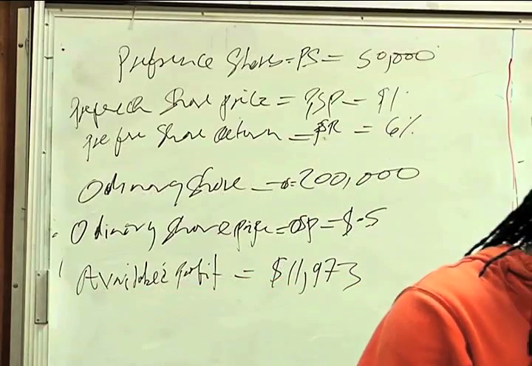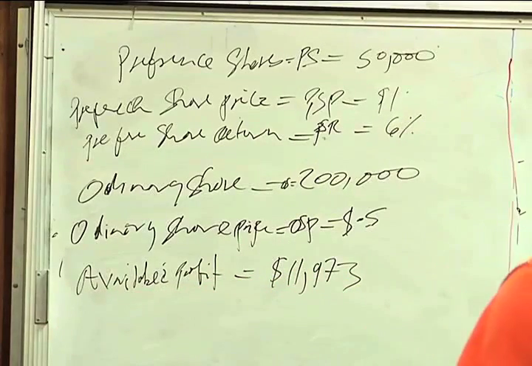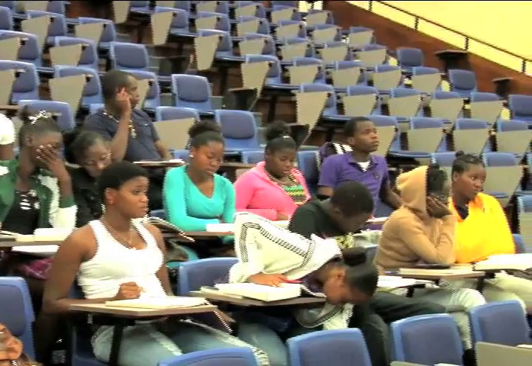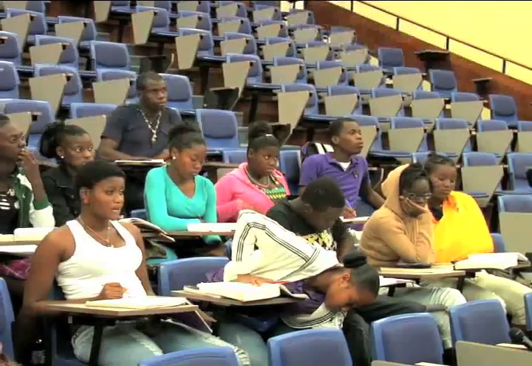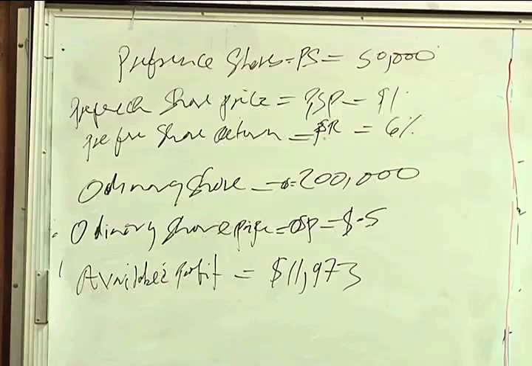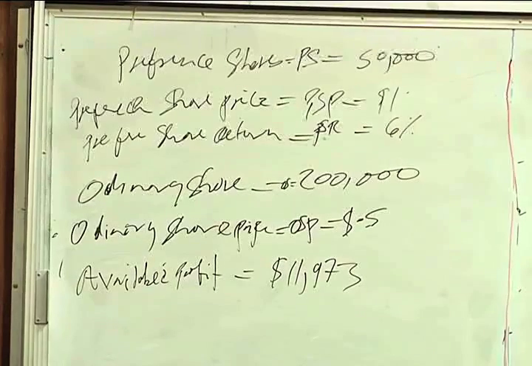The first thing they ask: what dividend can be paid to ordinary shareholders? Now the ordinary shareholders can only get dividend after the preference shareholder has been paid. That's why it's called the preference share.